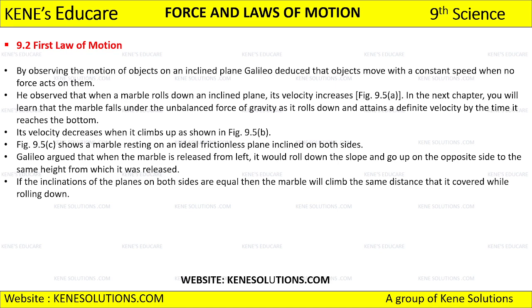When we start with lesson 10, you will know it more clearly; we'll be studying one example with respect to a marble, which falls under the unbalanced force of gravity as it rolls down and attains a definite velocity by the time it reaches the bottom.